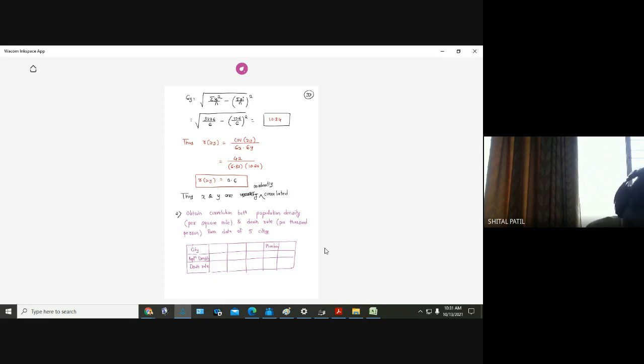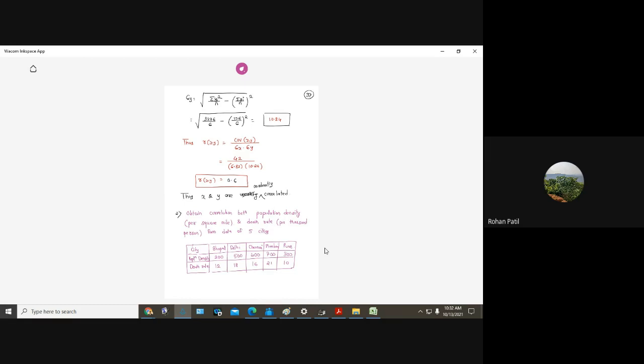Mumbai, Delhi, New Delhi, then Chennai. Density values: 500, 400, 700, 300, and death rates: 12, 18, 16, 21, 10.